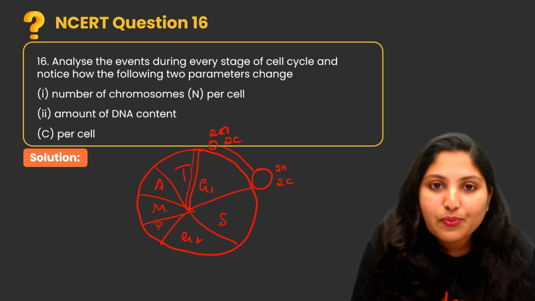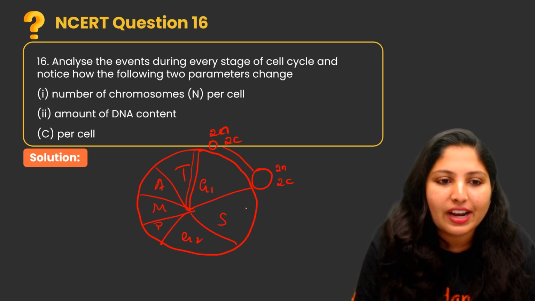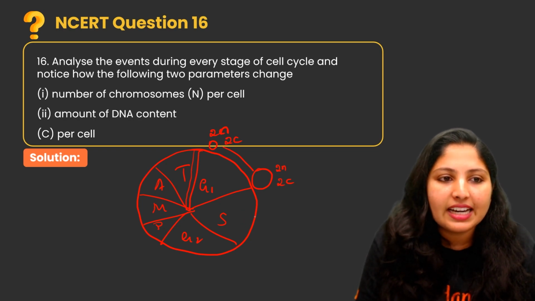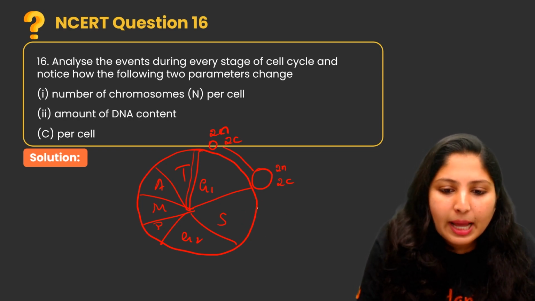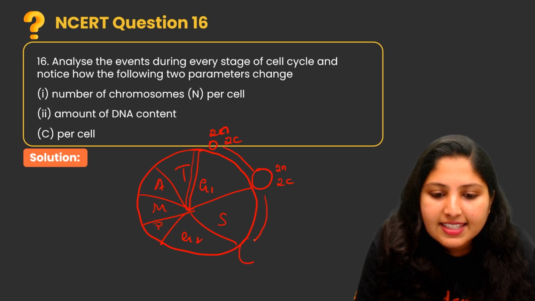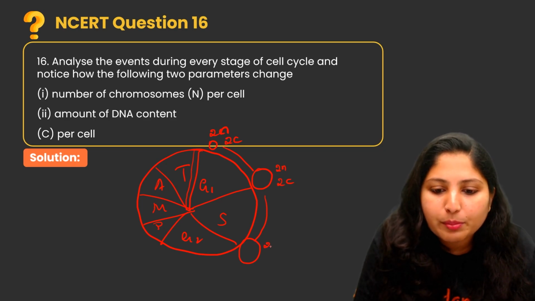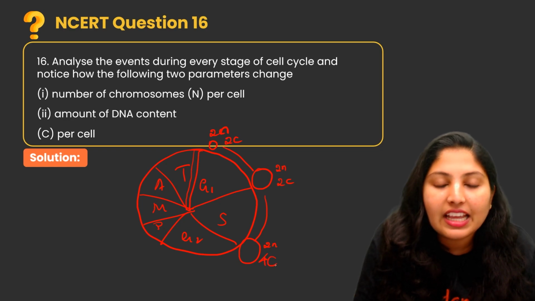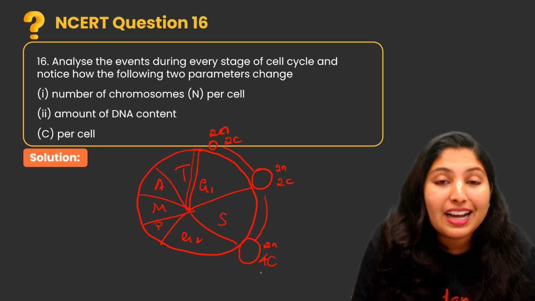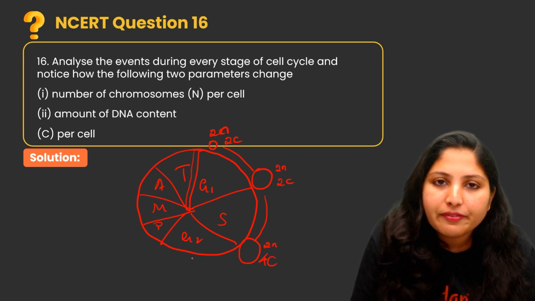In S phase, DNA replication happens. At the end of S phase, there is no change in the chromosome number, 2N itself, but the DNA increases and becomes 4C.